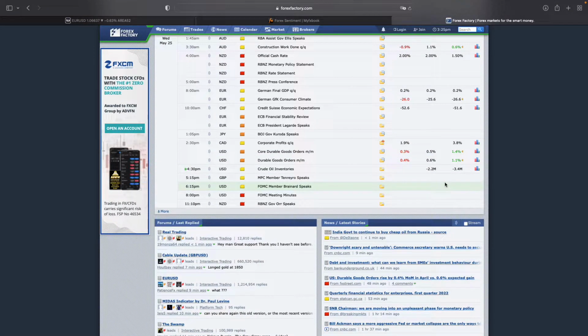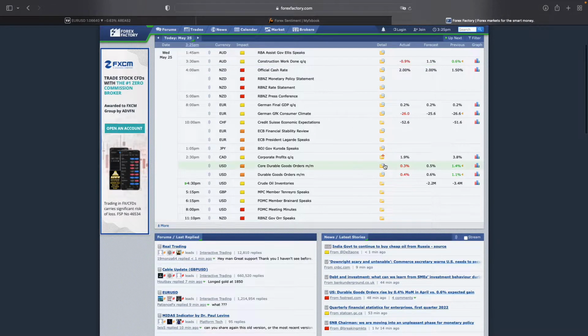Now, if you're not familiar with what durable goods are, durable goods orders is just a broad-based monthly survey conducted by the US Census Bureau that measures current industrial activity and is used as an economic indicator by investors. The data hasn't come through as anticipated, so it's definitely going to weaken the dollar in the short term, because investors look for this data to come out positively to further strengthen the country's economy.